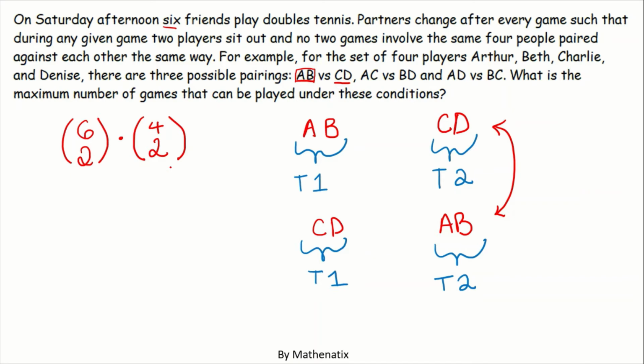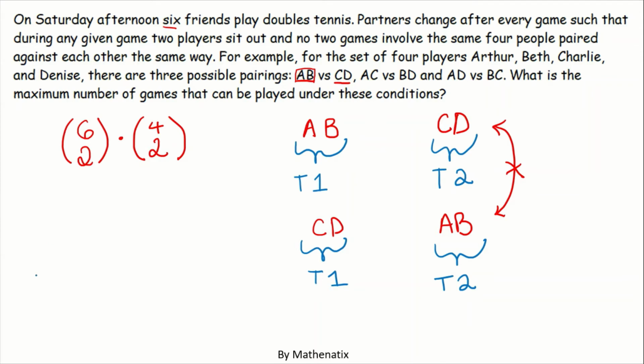But the way we're counting it, they're not. They're different, because we're choosing 2 people out of 6 people here. We could choose A and B, or we could choose C and D first. And then for this 4 choose 2, we could choose C and D or A and B. So that's clearly a problem. So what can we do? Well, obviously we want there to be one way to choose a team 1 and a team 2, like so.